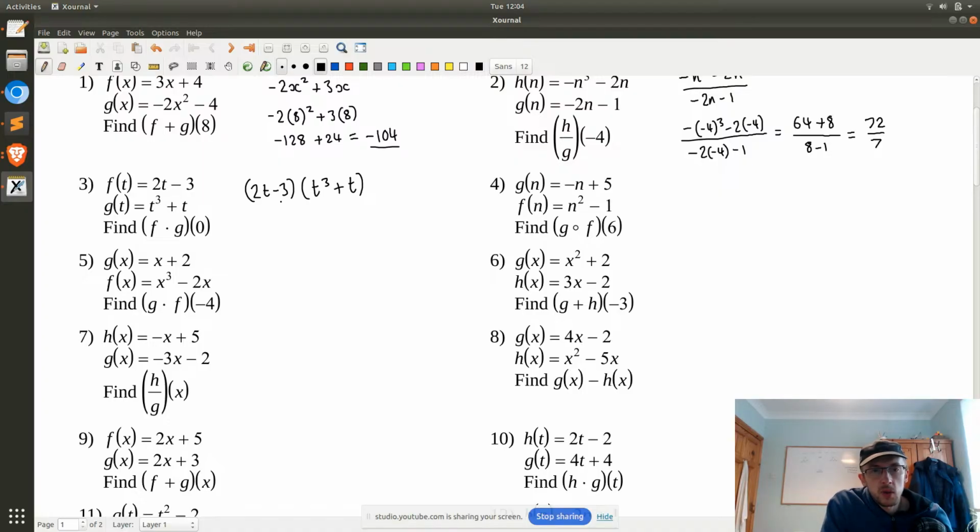You could multiply that out, but you'd have to substitute in 0 anyway, so you may as well just do it within these simpler pieces. So 2 times 0, take away 3 is -3, and 0 in that piece there will give you 0, and so the final answer is 0.